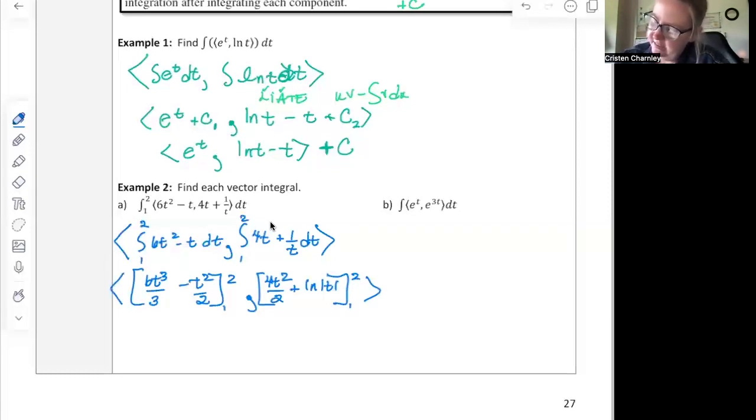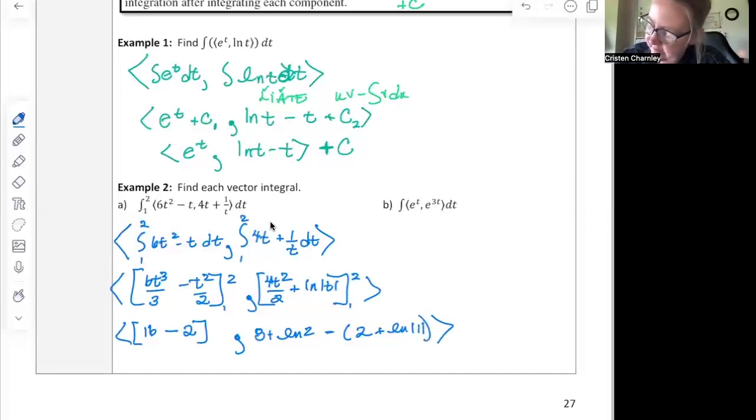We've got 8 times 2, this is 16, minus 4 over 2, which is 2. And then I have 2 times 4, this is 8, plus natural log of 2, minus 2, plus natural log of 1.